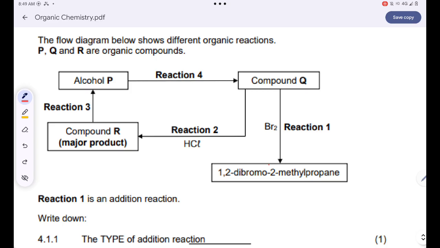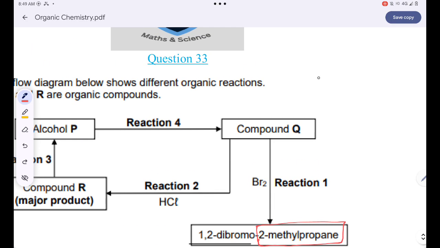So the structure of compound Q, the parent chain had 3 carbons, and then at carbon number 2 you would have your side chain over there, and then between carbon number 1 and 2 we had a double bond. Our structure just looked like this.